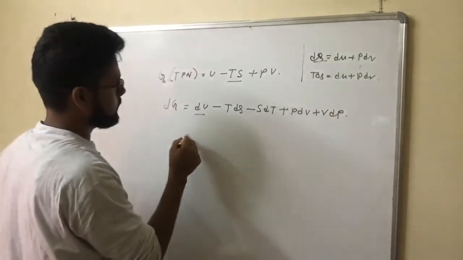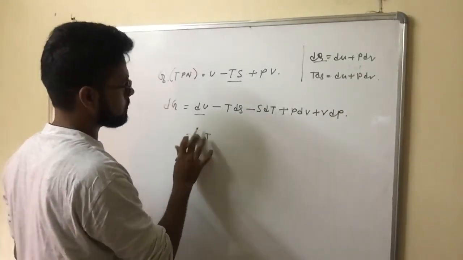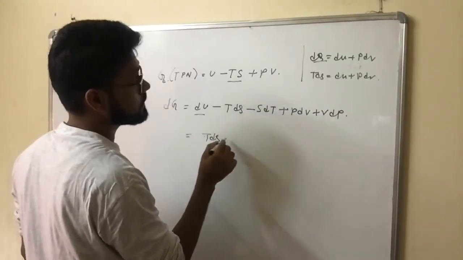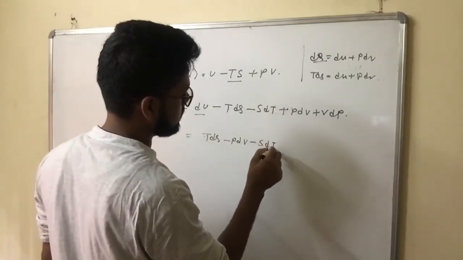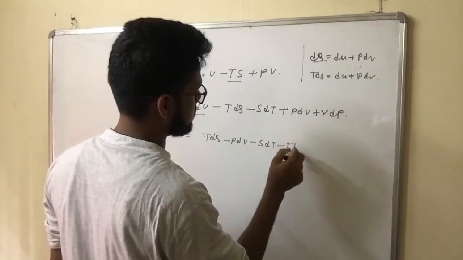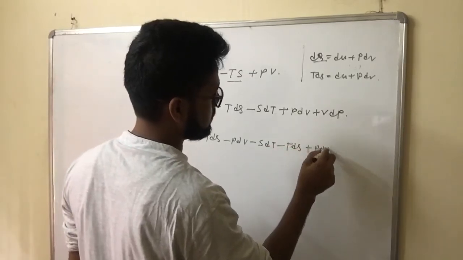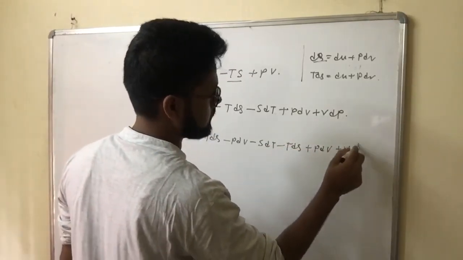Simple. Just replace TdS. So dG equals TdS minus PdV minus SdT minus TdS plus PdV plus VdP.